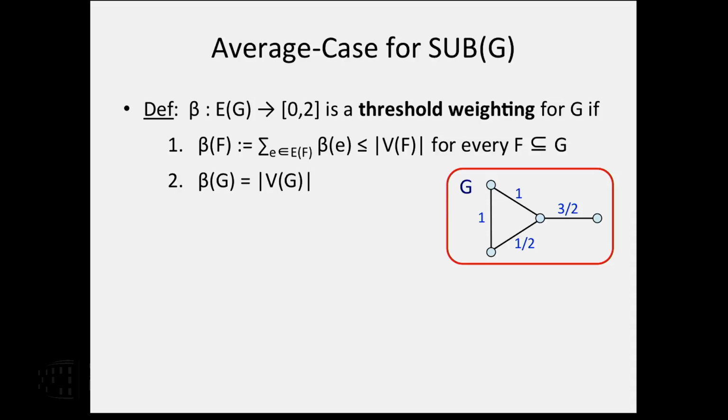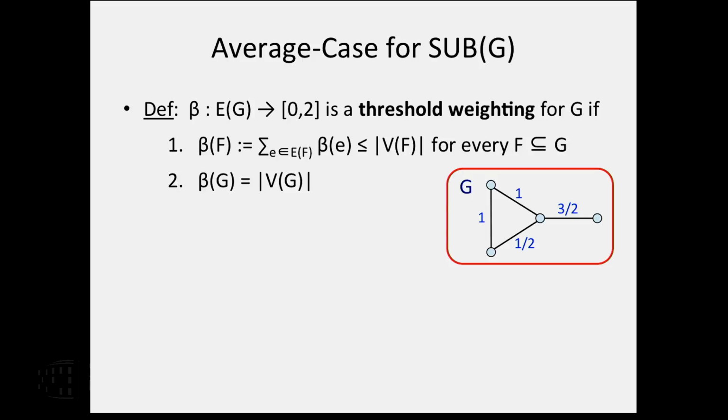The first is that for any subgraph of G, the sum of the edge weights in that subgraph is at most the number of vertices in the subgraph. And the second is that this inequality holds with equality in the case where the subgraph equals G. So in other words, the sum of all the edge weights in the graph equals the number of vertices in the graph.